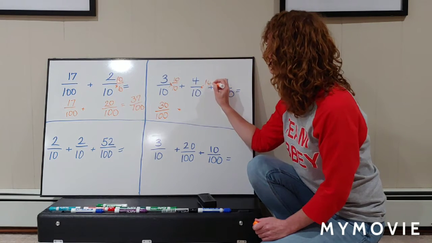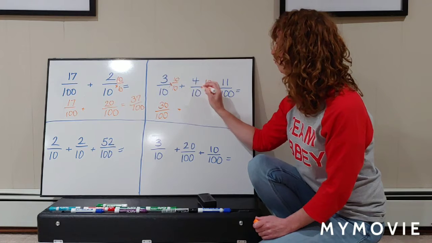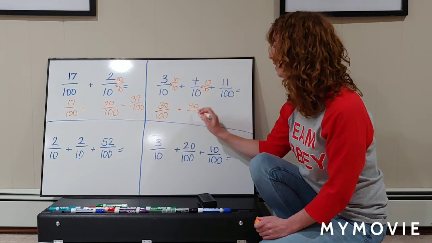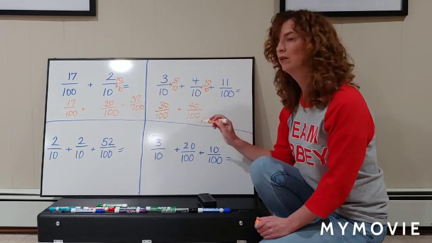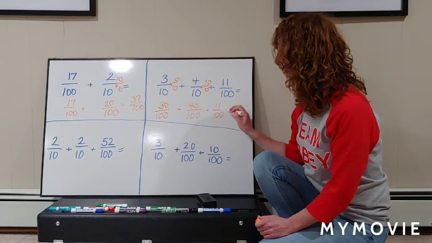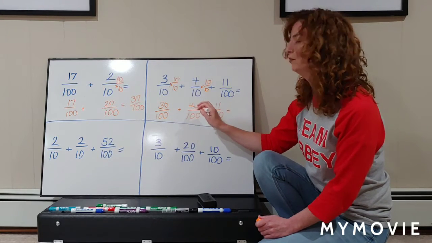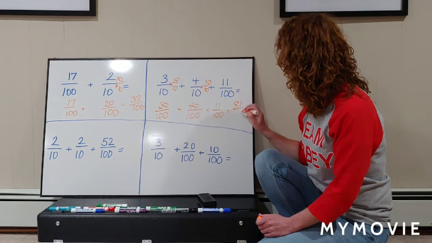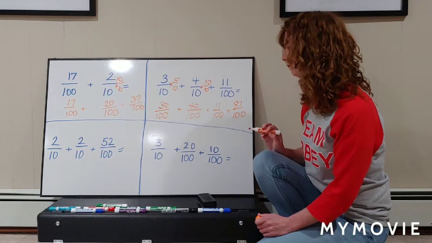Same here. 10 over 10. 4 times 10 is 40. 10 times 10 is 100. And then we're going to leave the 11 hundredths the same. 30 plus 40 is 70. Plus 11 is 81 hundredths.